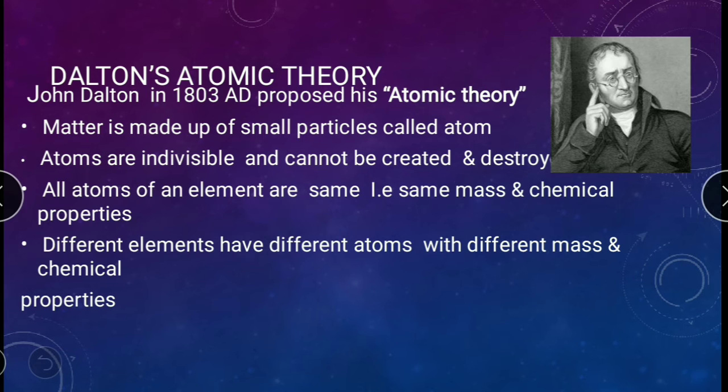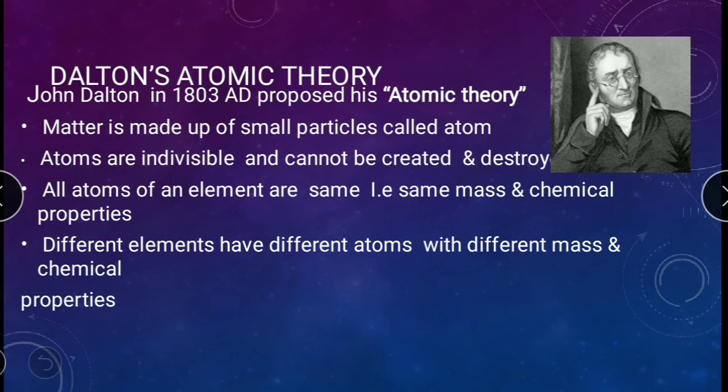Dalton's atomic theory. John Dalton was a British scientist. He studied the works of various chemists and Democritus and did his own research and put forth his theory on atoms, that is the atomic theory, in 1803, which is now known as Dalton's atomic theory in his honor.